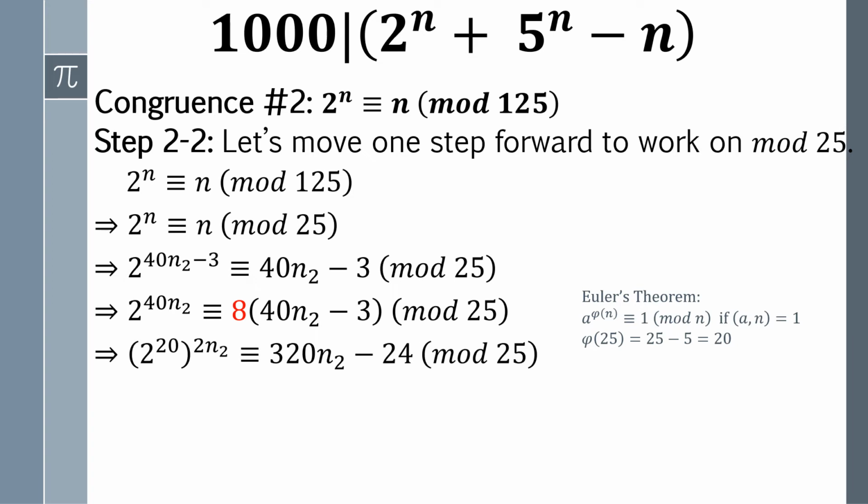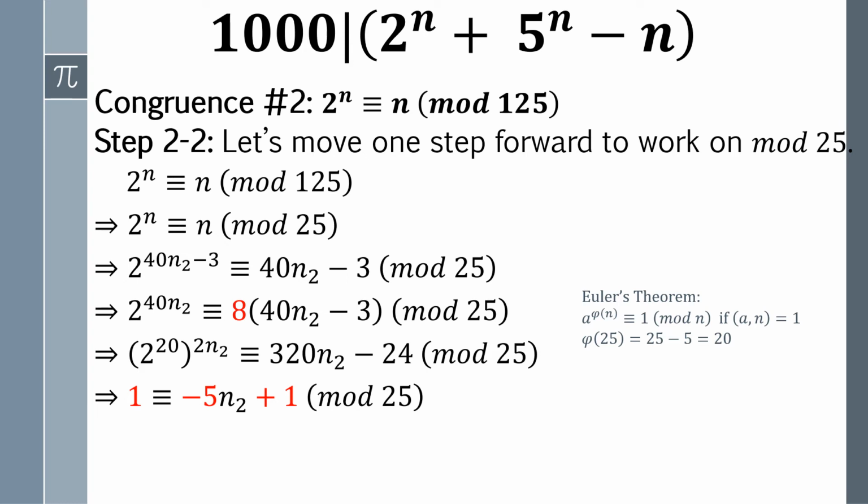Then the left side can be written as 2 to the 20th power, then to the 2 n2 power, and it becomes 1. 8 times 40 equals 320 becomes minus 5. 8 times 3 becomes 24. Minus 24 becomes plus 1 in the congruence relationship.